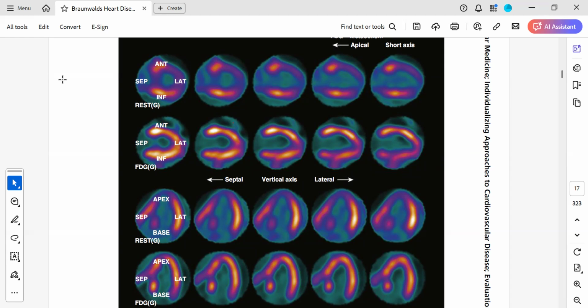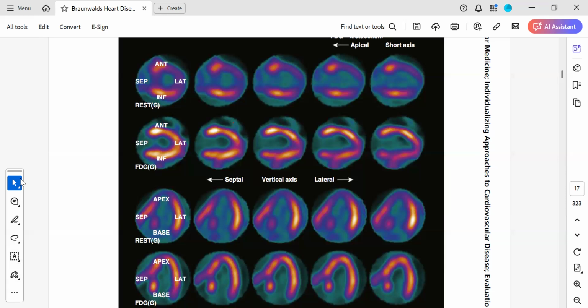We match the anterior at rest with the anterior when FDG is being given, and we also match the lateral at rest with the lateral when FDG is being injected. You will also agree with me by going through that particular row, matching it with the corresponding FDG.